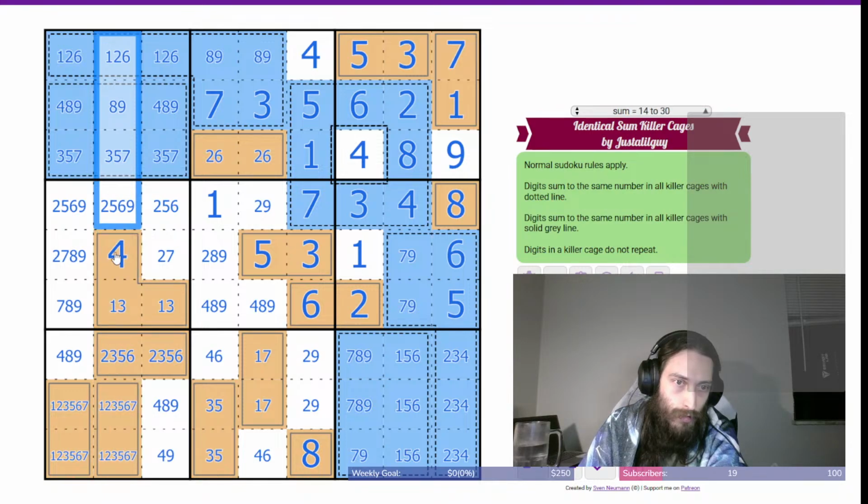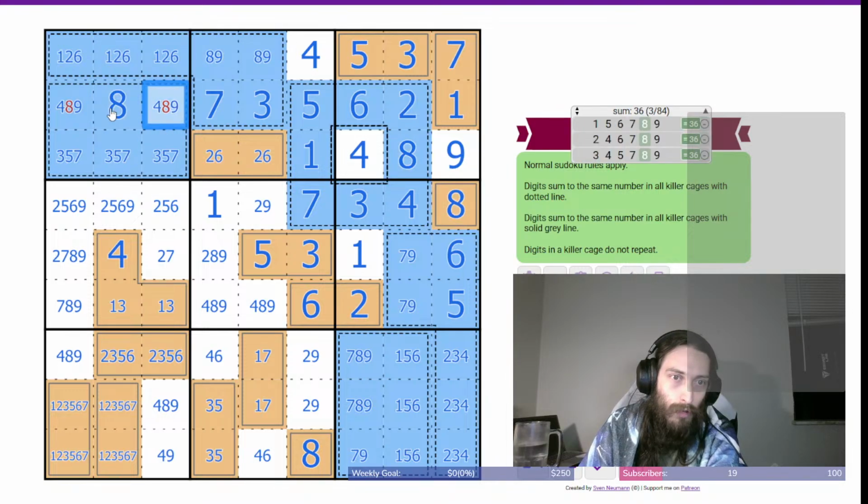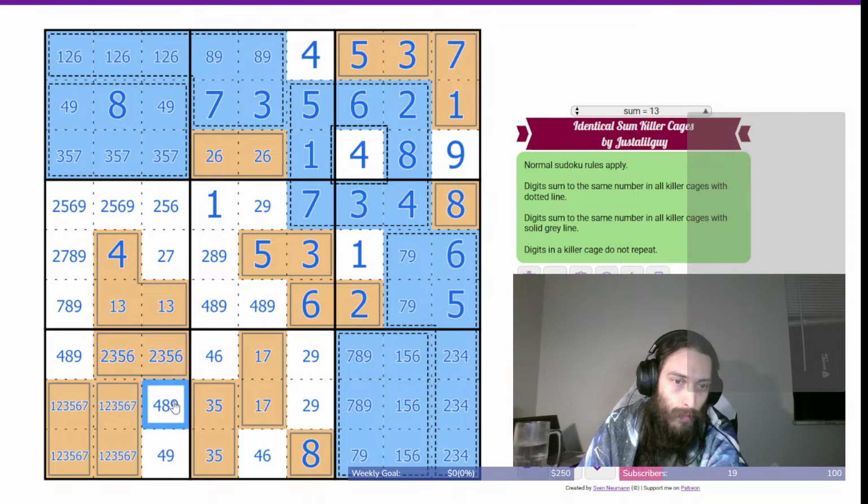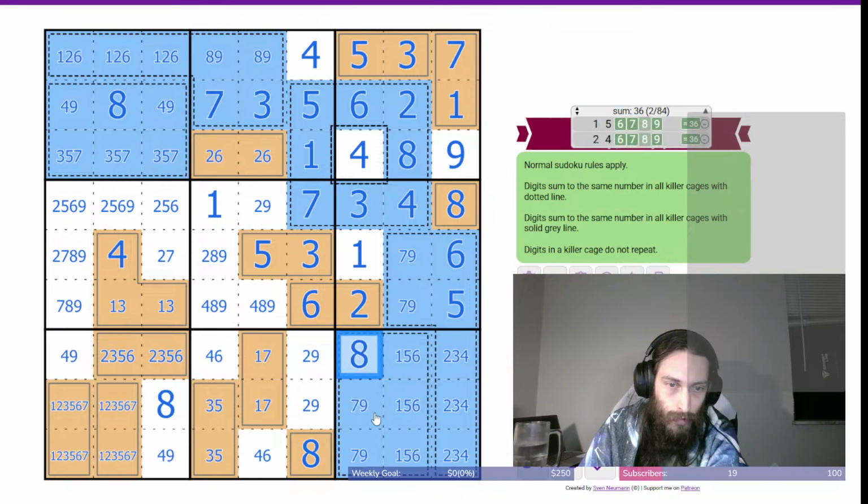Can't be in orange. That's not an 8 because that. This one removes it from there, and that removes it. That's an 8. 4, 9 pair, 4-9 pair, places 8. This is 8.